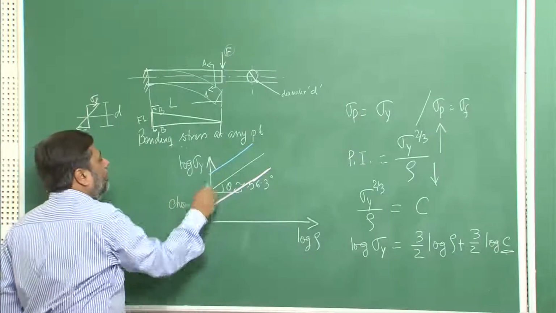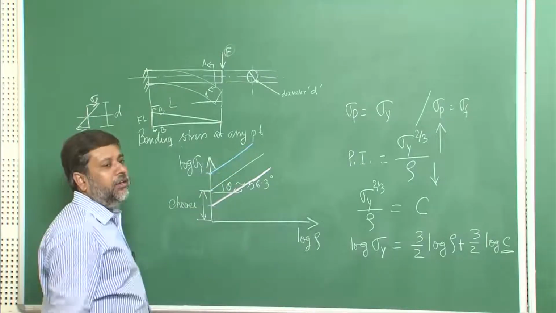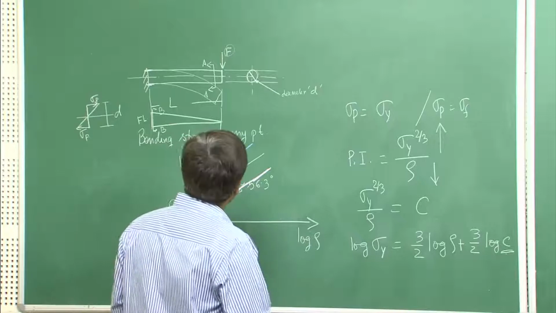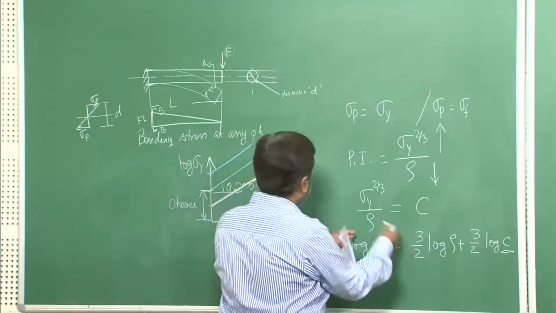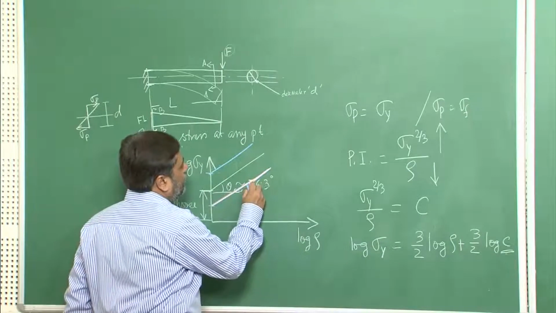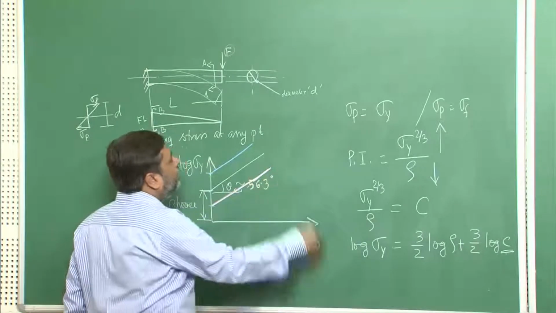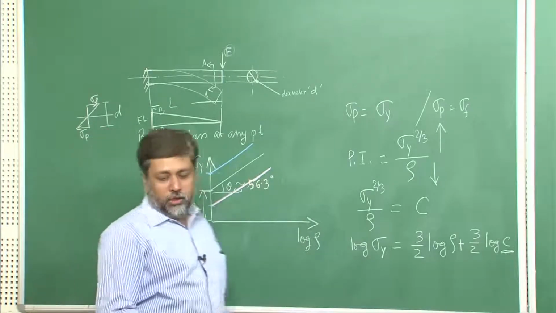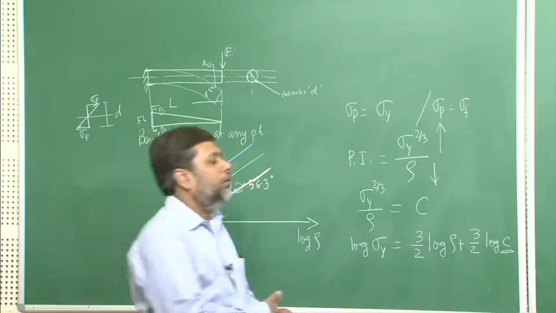No matter whatever you do, that change will be here, but the slope of the line is going to be parallel, and that slope is determined by this relationship, which says that that slope has to be 56.3 degree.